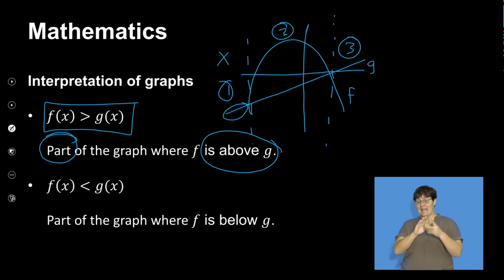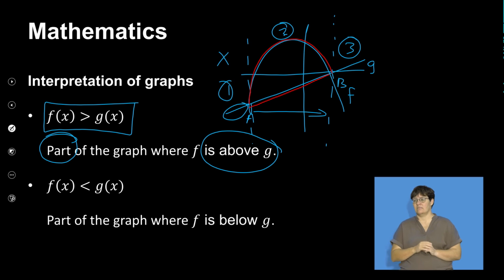But in the second segment, you can see that the parabola is definitely above the straight line graph, right? So here, this one is above and this one is below. And in the third segment, you can see that it's the g that's above the f. So it will only be between the A and the B there. That's where the graph will be satisfying f greater than g.